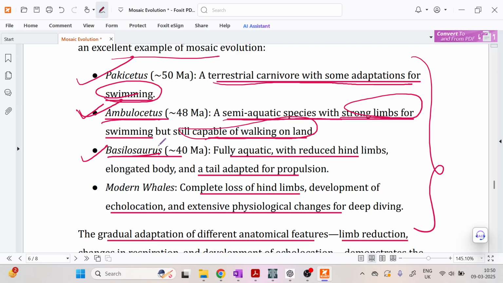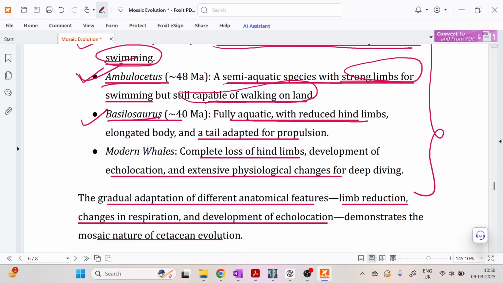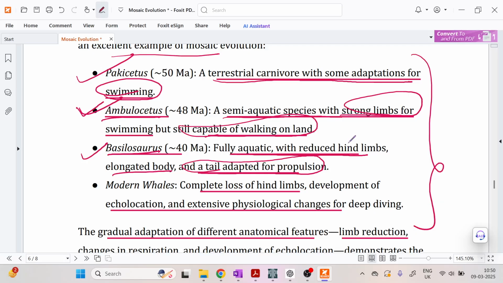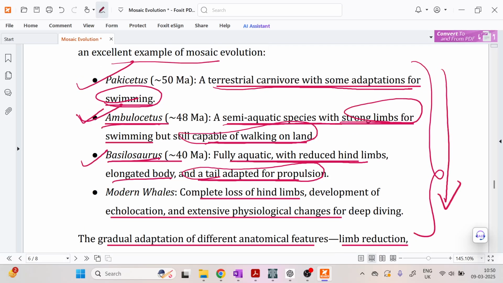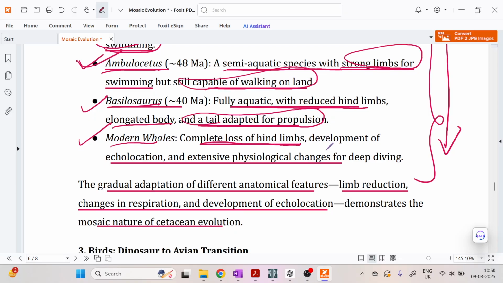Then third, Basilosaurus, a fully aquatic species with reduced hind limbs, elongated body and a tail adapted for propulsion. So यहाँ पे amphibian characteristic आप देख सकते हैं कैसे develop हो रहे हैं from a terrestrial organism. And finally, modern whales, complete loss of hind limbs, development of echolocation and extensive physiological changes for deep diving.